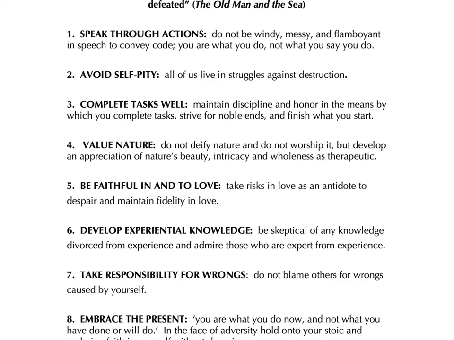Robert Jordan never worries about not being able to win the war or achieve the end of blowing the bridge well. He knows he's going to pour himself into the process. He strengthens himself from completing tasks well. He finds some strength in recognizing the natural beauty of the mountains where he is in Spain.